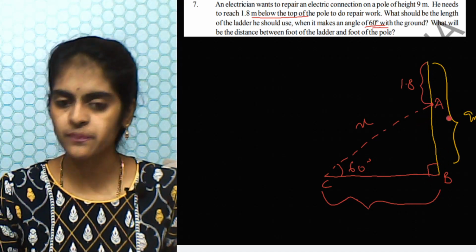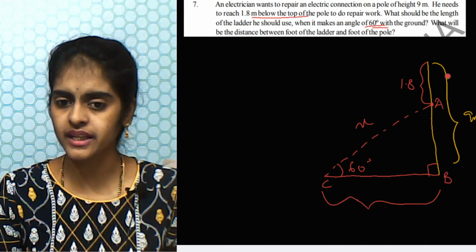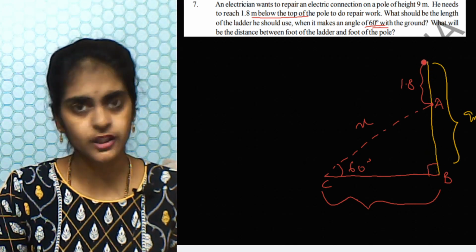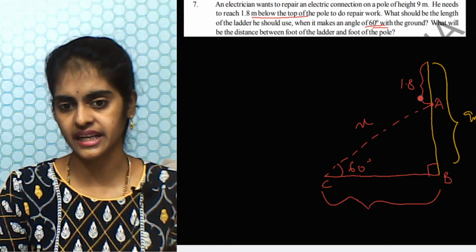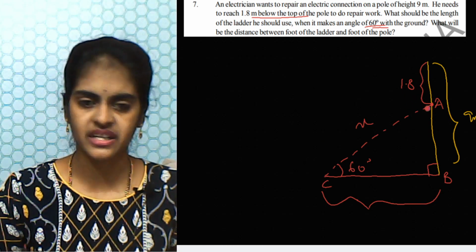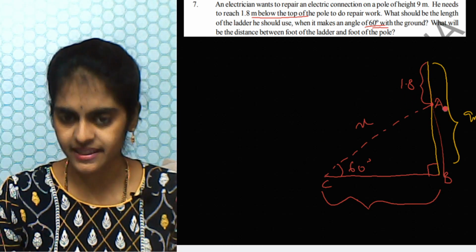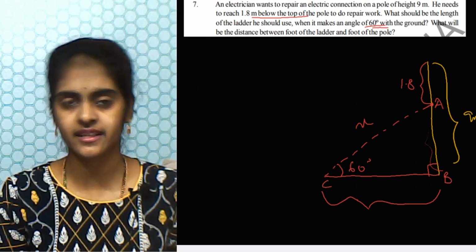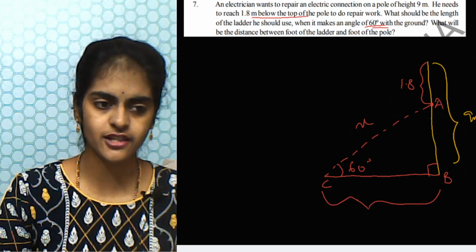So what is AB? Now this complete pole height is 9 meters and this height from the top of the pole to A is 1.8. So if I subtract this 1.8 meters from the entire pole, will I get this height? Yes, isn't it? So let us do that.